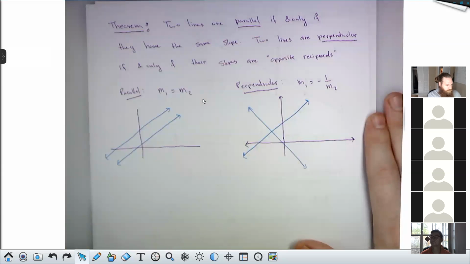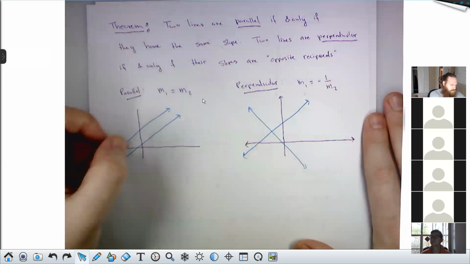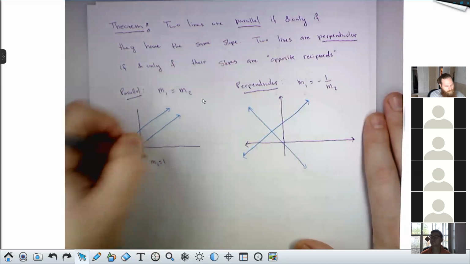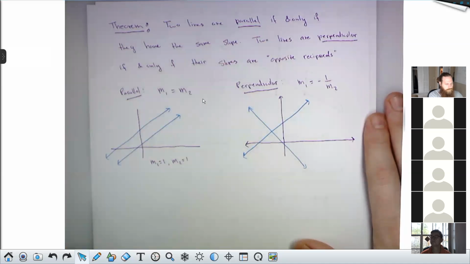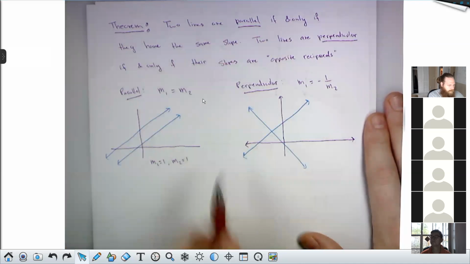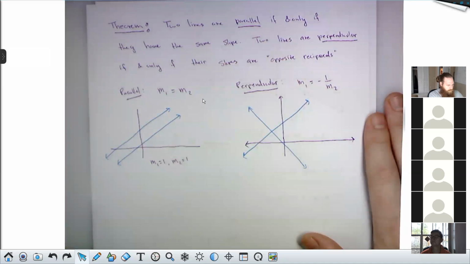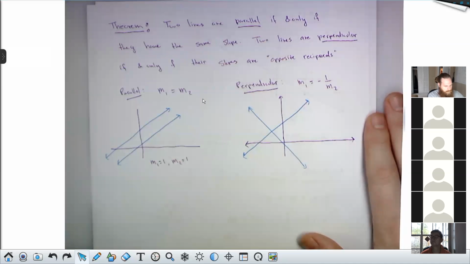Now here, both of these slopes in the parallel line, these guys both look to have slope like 1. Here, this guy's slope looks like maybe 1/2.